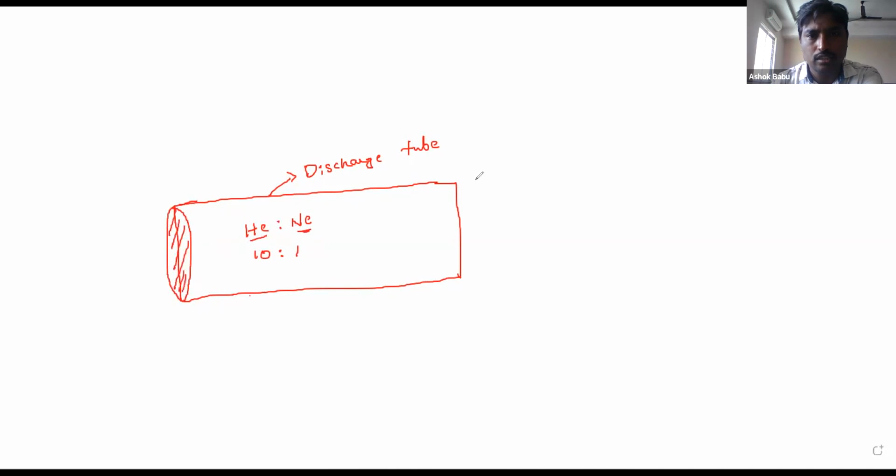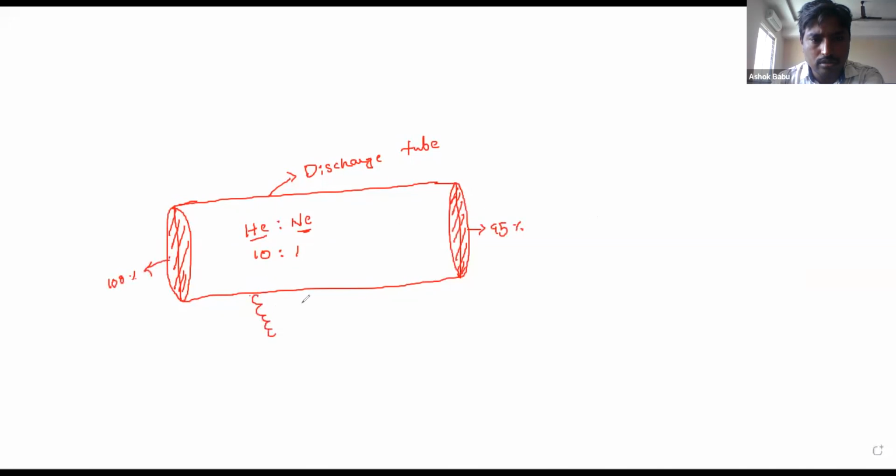One end is fully silvered and the other end is partially silvered, to get the laser. This is 100% silvered and this is 95% silvered. These two act as a resonant cavity.